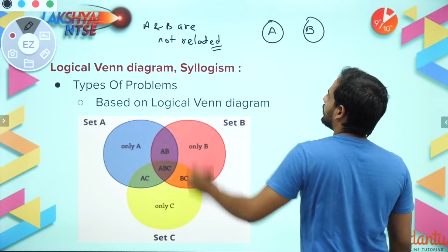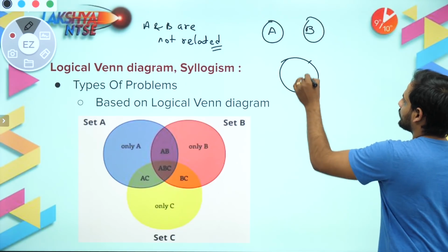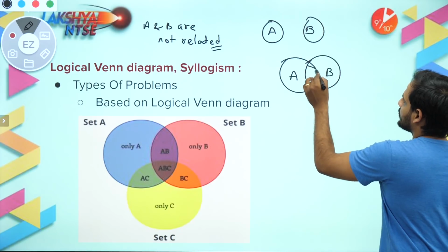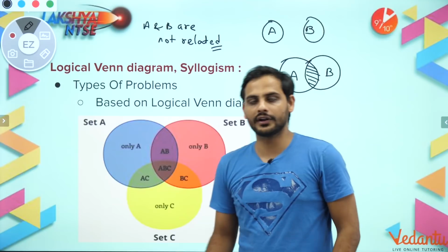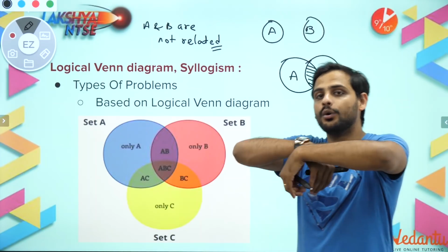Okay. Now बच्चों, the next point is, suppose this A and B is like this. Now if I ask you, tell me, this part in the middle, does it come under A or does it come under B? So you will say, sir, it is coming under both because it is the overlapped area.